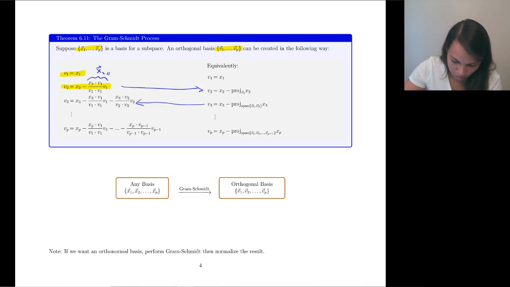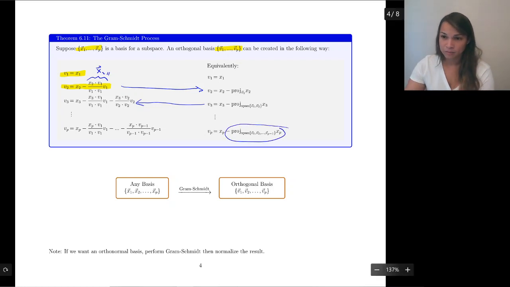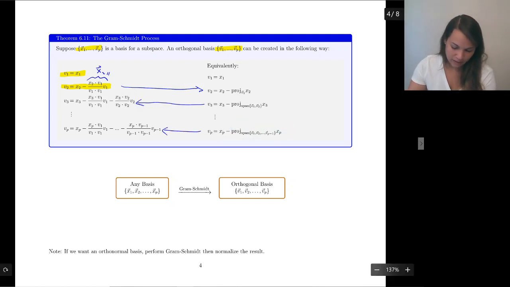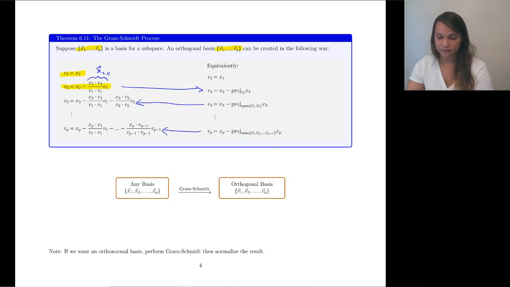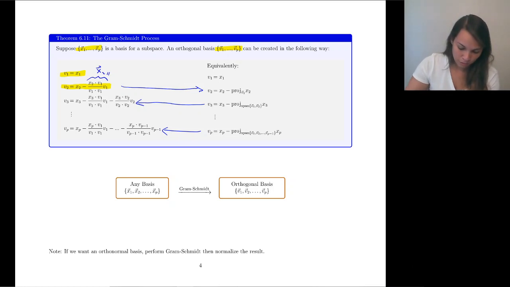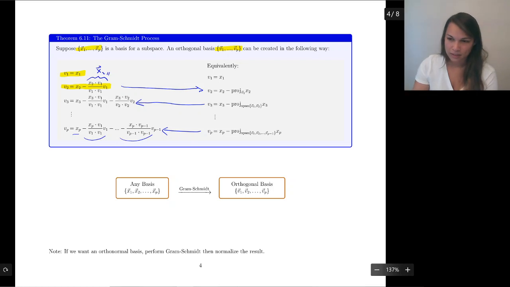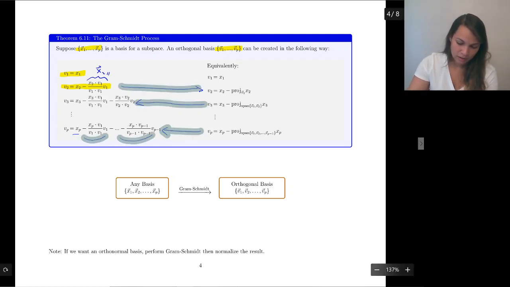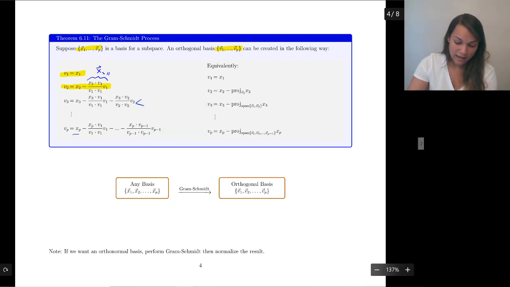And you do that all the way down. We get rid of the part that's parallel by subtracting off the projection, and when we plug in the definition of projection, that leaves us with xp minus all the little bits that were parallel. Okay, so again, we just did that twice using intuition.